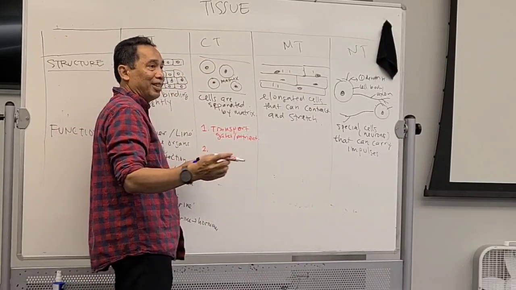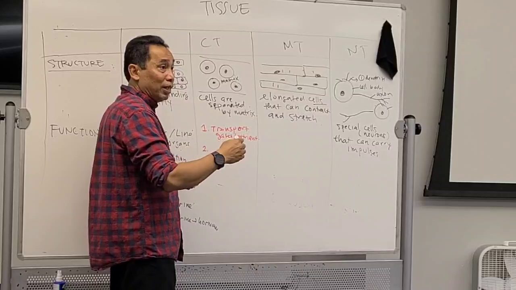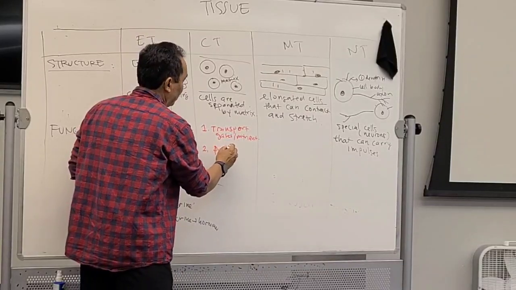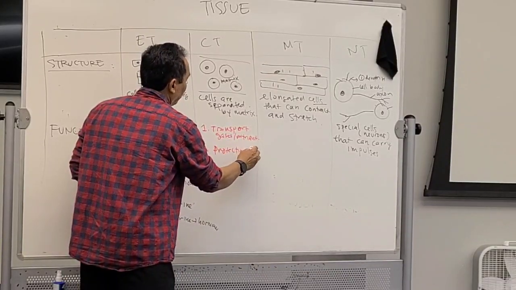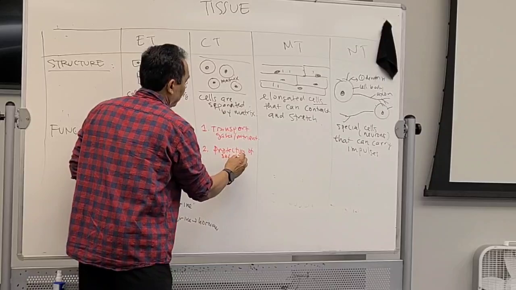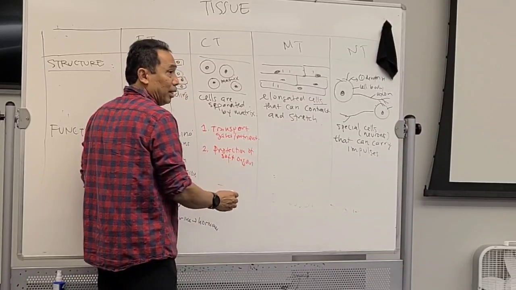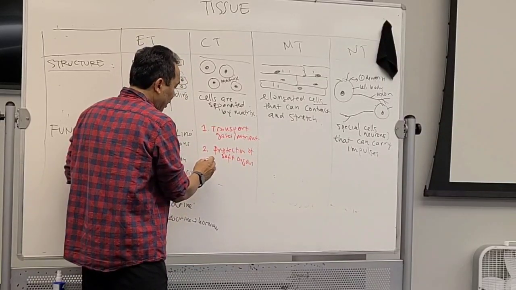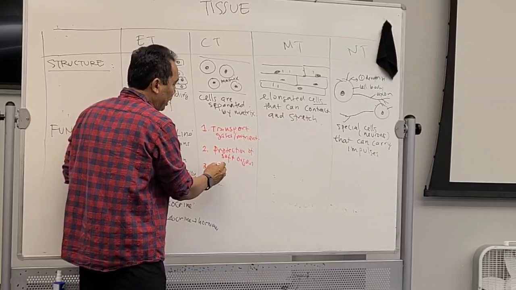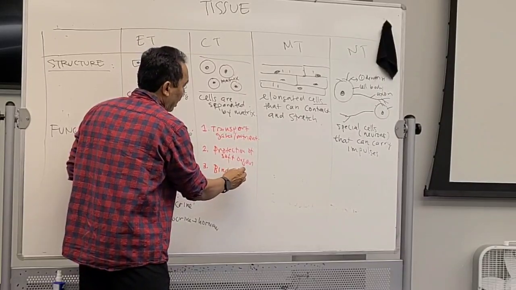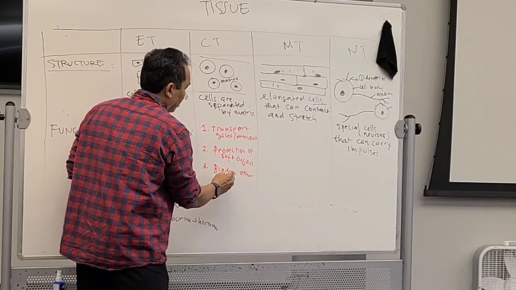What is the bone function? Protection of soft organs. If it is connective tissue under the skin, for example, it's going to bind other organs or tissues.